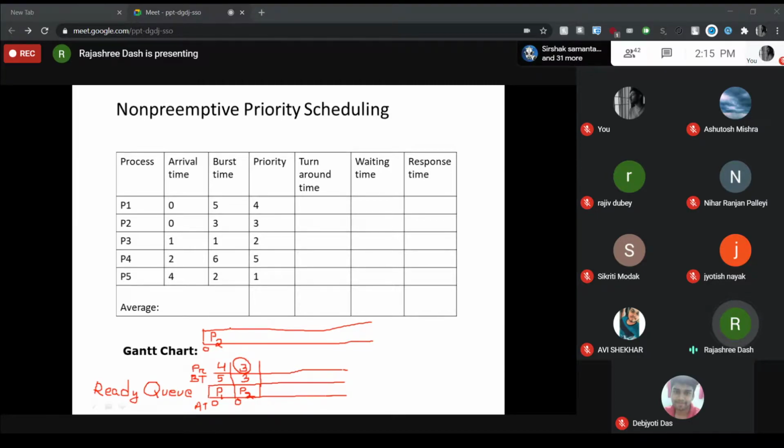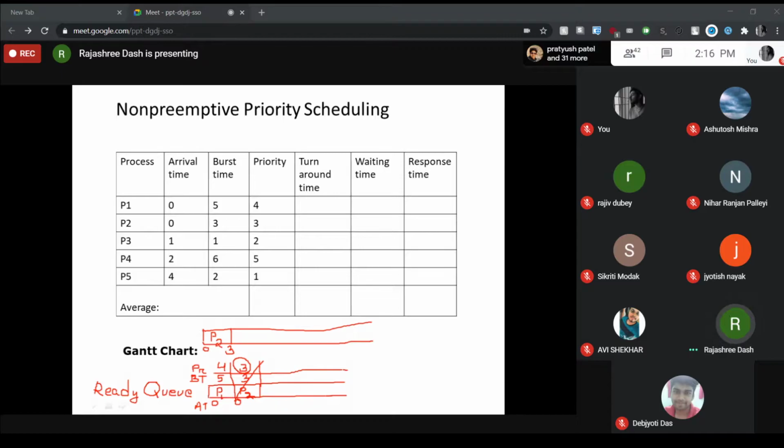Now as it is given non-preemptive, once P2 starts it will continue up to 0 plus the burst time of P2, that is 3. So P2 is now completed.